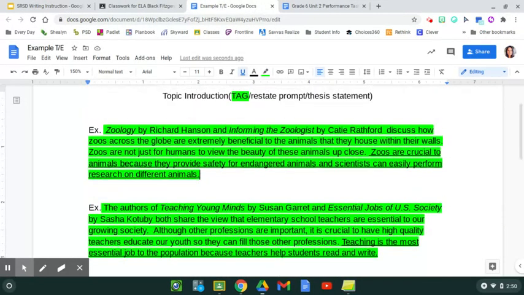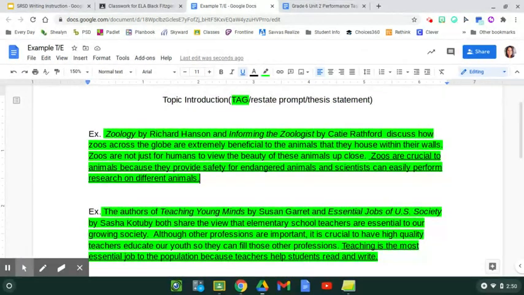Okay, so we talked a little bit about topic introduction. You're going to go find that in the exemplar. But I also want to talk about the ending. So the beginning and the ending. So let's go back over to our slides.